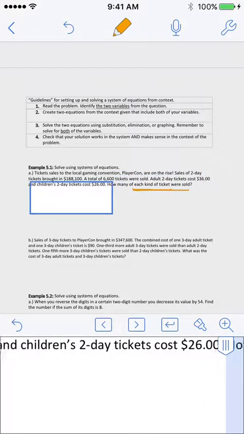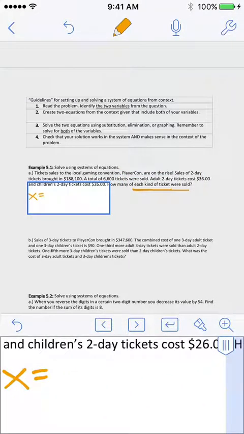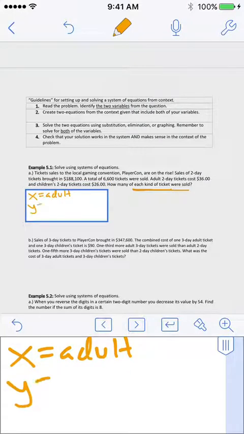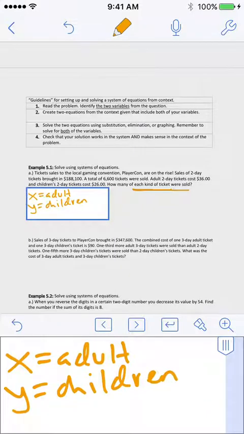So I'm going to call x my adult tickets, and I'm going to call y my children's tickets. I don't know either one, right? I don't know how many of each were sold. That's kind of the question. So when I get an actual coordinate pair as an answer, I can answer that question. I have 4 adult tickets and 5 children's tickets, (4,5) is my answer, right? So that's the point. You want to set it up so that your variable answers your question. That's why you pull it out of your question.